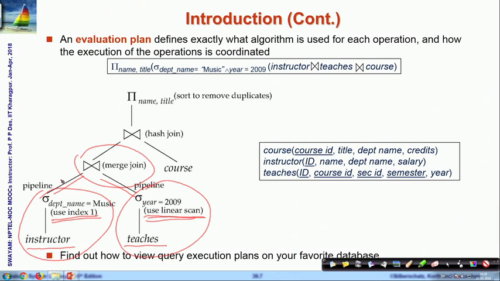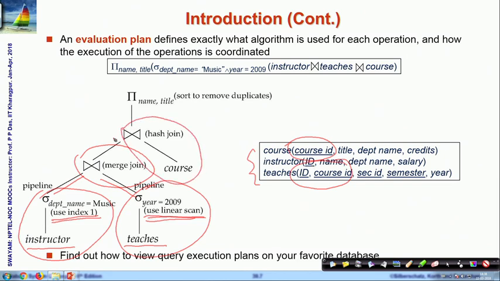Then this join result would be joined with course. Now the course is already indexed on course ID, and this joined relation of instructor and teaches will have ID and course ID on which they will have an index. So, we can use a hash join on that.